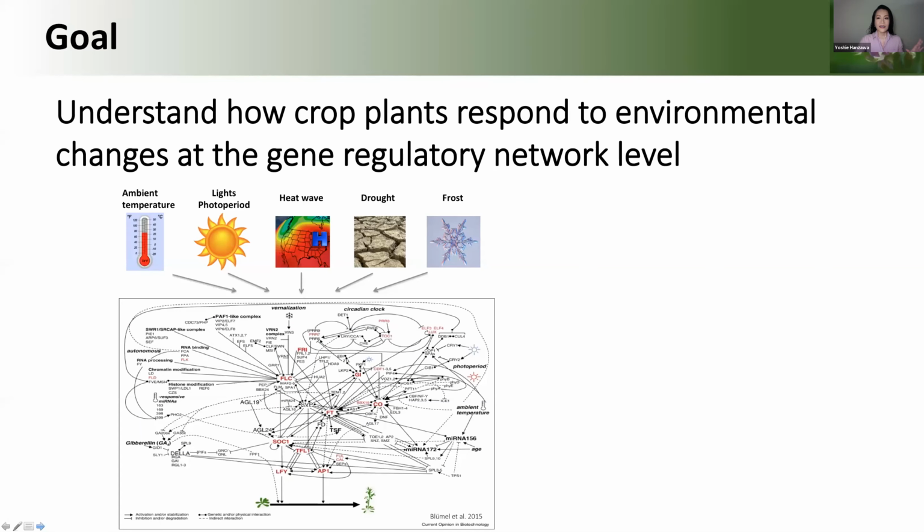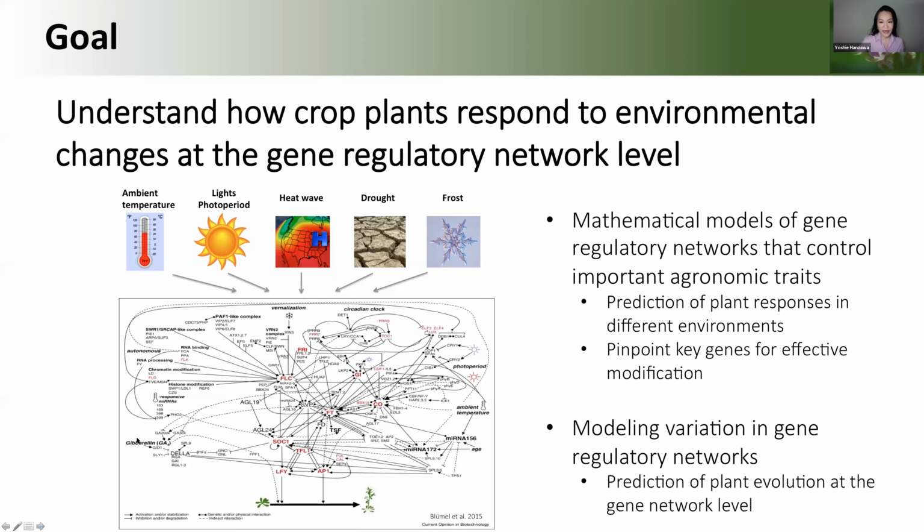So instead of just looking at plants, if we can come up with models of gene regulatory network, that would be extremely beneficial because I think we can make mathematical models to understand these networks of the gene hierarchies. If we have mathematical models, then we can basically understand the agronomic trait, important trait, and predict plant responses in different environments, and even pinpoint what are the key genes for effective modifications, such as genome editing.